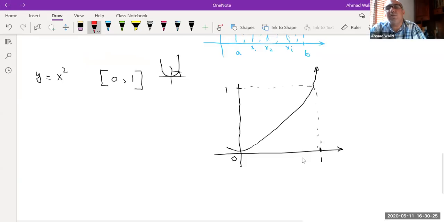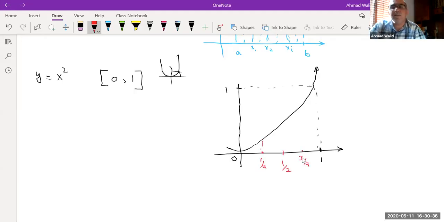Here, 1/4. And here, 3/4. Agree? 4 equal pieces. Let's draw our rectangles.